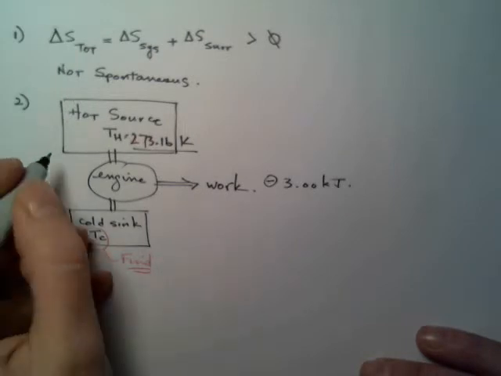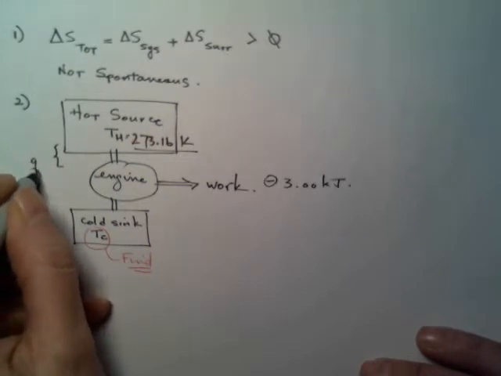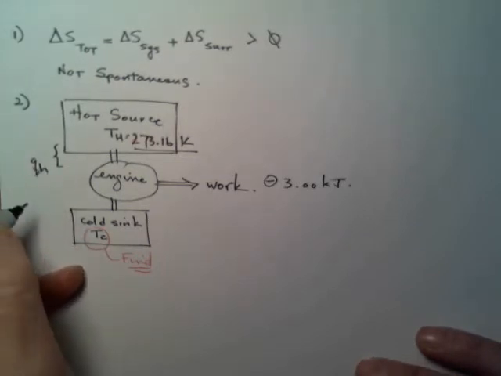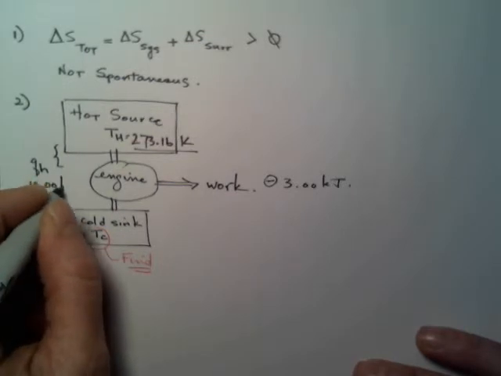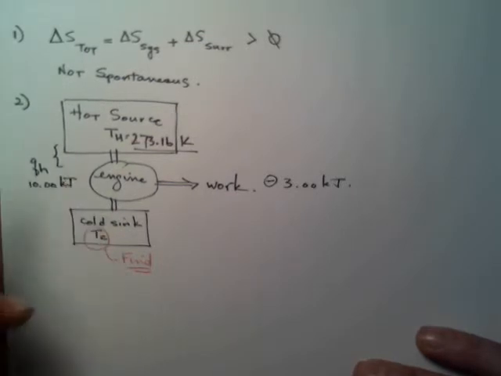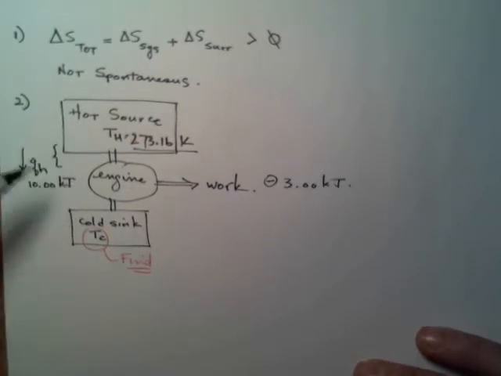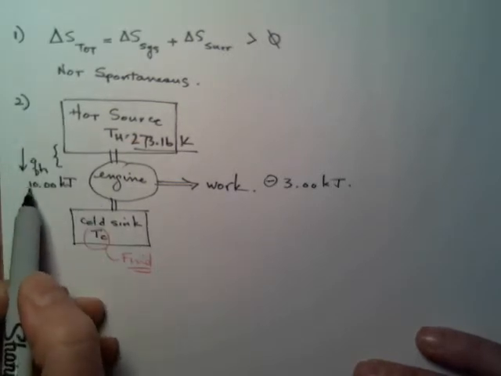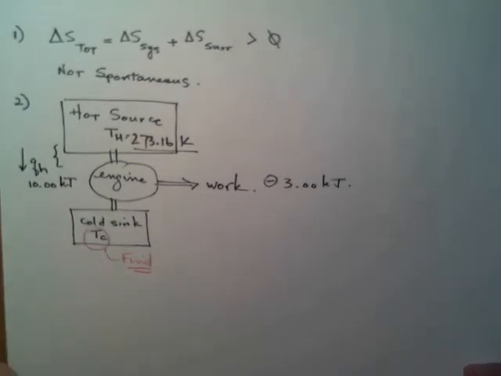And the other thing that we know, Q hot, is equal to 10.00 kilojoules. So Q hot is going from the hot source to the engine, and so I'm leaving it as a positive value. Any Q that's going to the cold sink would have a negative.